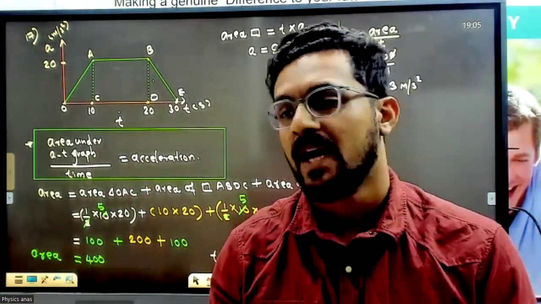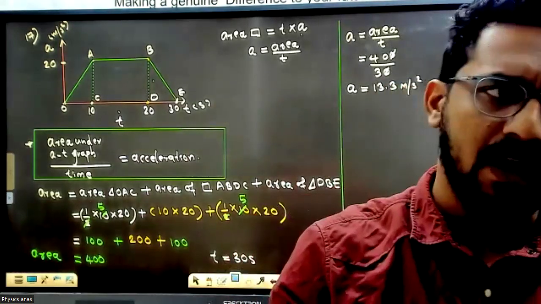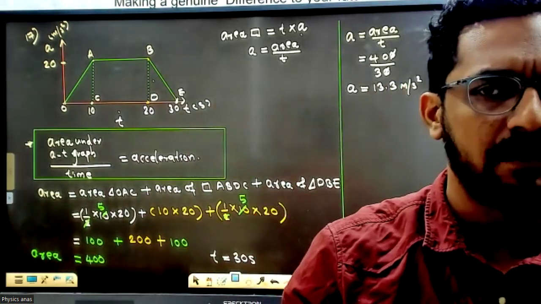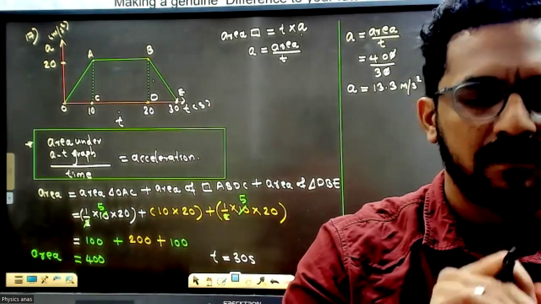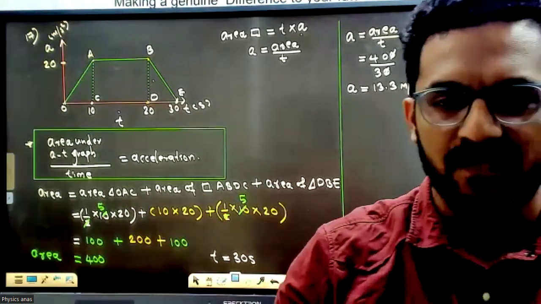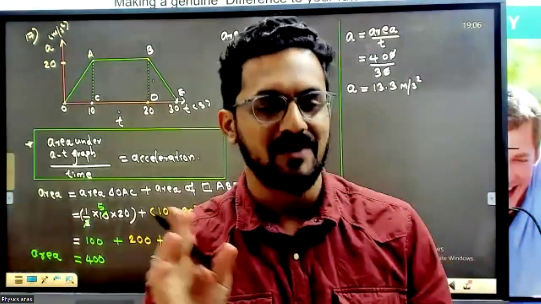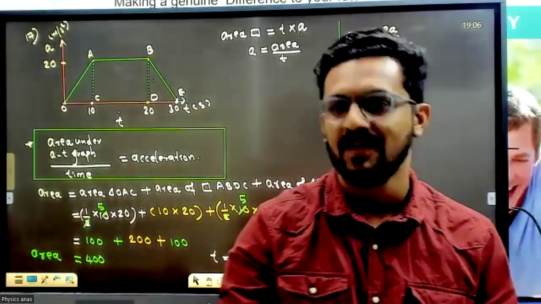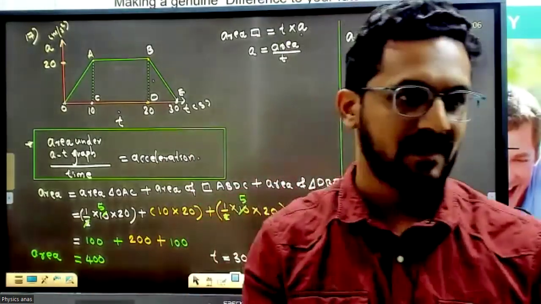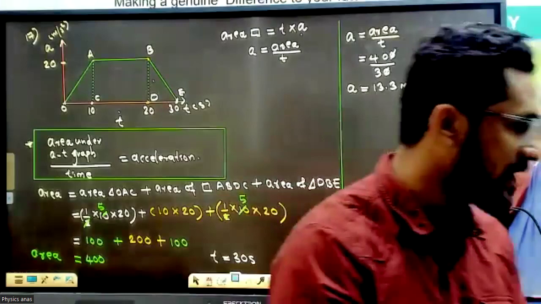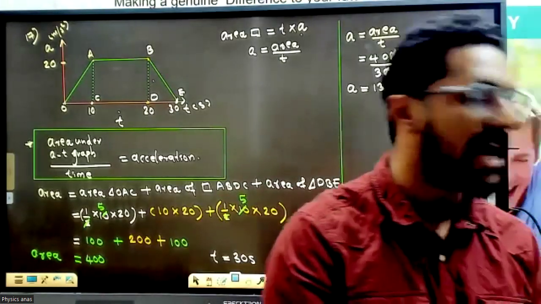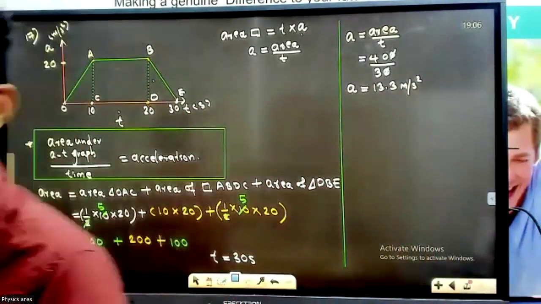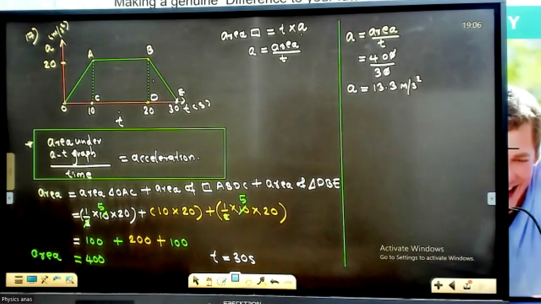If it is a velocity time graph, what will be acceleration? Acceleration will be the slope of that graph. Did you get it? Can I move to the next one?